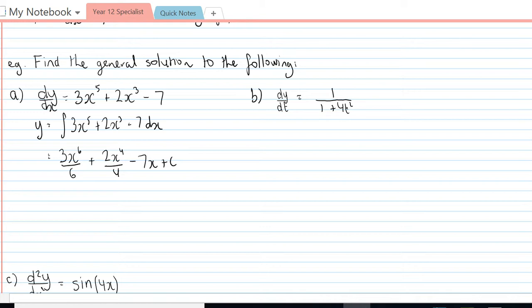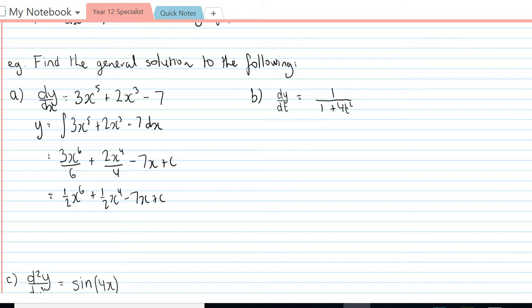Can't forget to write that. Simplifying that down, we get half x to the 6 plus half x to the 4 minus 7x plus c. So this is a general solution because we've got the plus c in the equation, and we could vary that value of c to get lots and lots of different solutions.